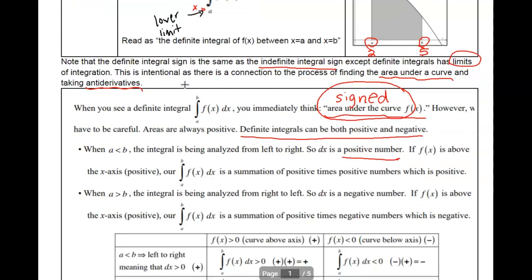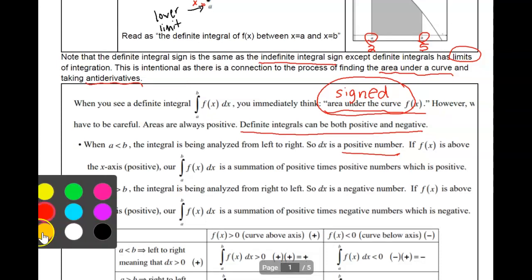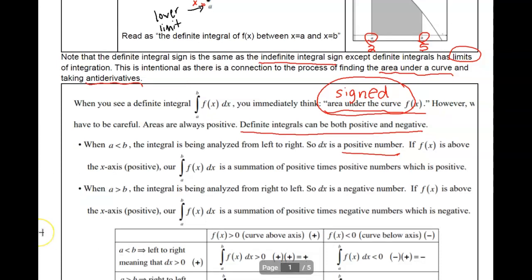Now, let's think about something else. What if we switched and we said, what if a is bigger than b? Well, if a is bigger than b, like a could be 5, and b could be 3, it would look like this from 5 to 3. And so this might not look unusual to you, but it will soon, okay?